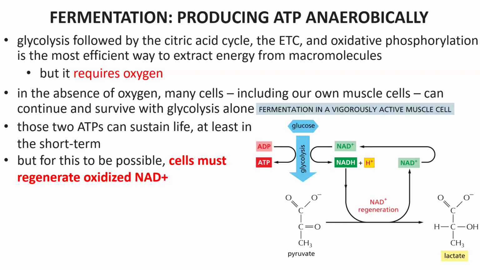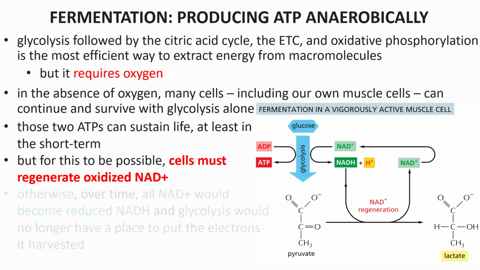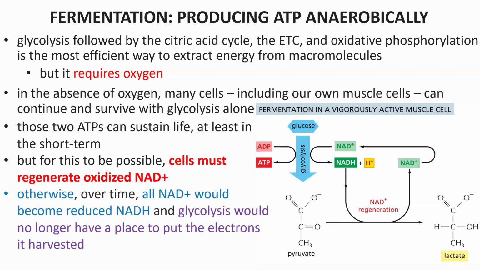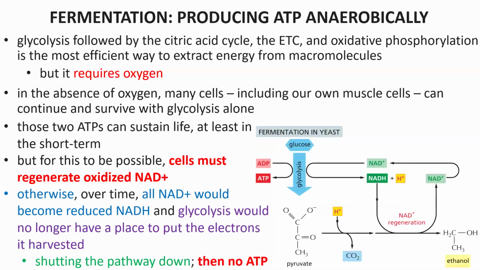We have to oxidize NADH back to NAD+ so that glycolysis can continue to run. Again, otherwise, over time, all of the oxidized NAD+ would become NADH, and glycolysis would shut down. It would have no place to put those electrons. Now, there's no source of ATP, and cells would die.